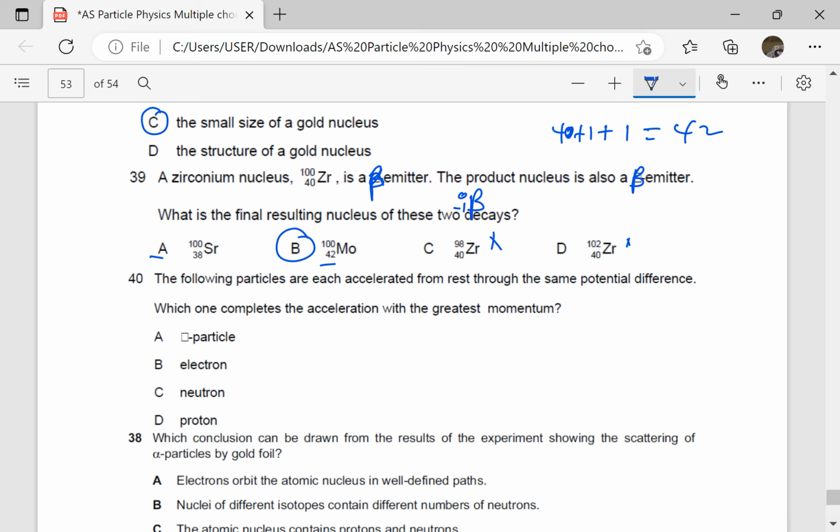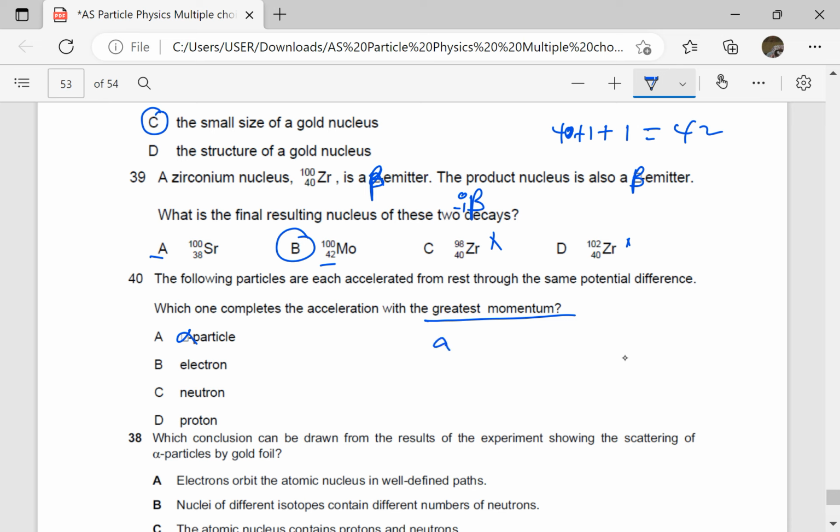The following particles are each accelerated from rest through the same potential difference. Which one completes the acceleration with the greatest momentum? So this must be an alpha particle. The others are electron, neutron, proton.